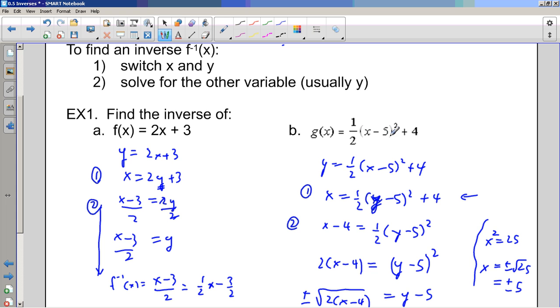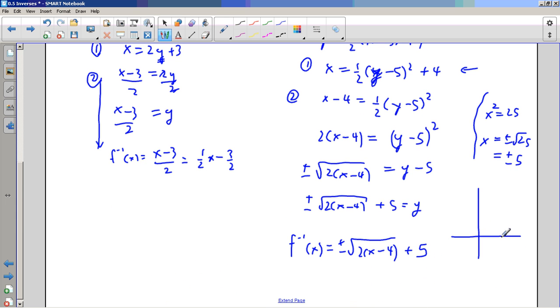It's a parabola whose vertex is 5, 4, and you don't have to necessarily copy this down, but its inverse then is a parabola that's sideways, and there's actually 2 pieces. We see this is the square root function that's been horizontally compressed, moved to the right and up 5, so it's somewhere around here, like that, and then the negative is this side of it.